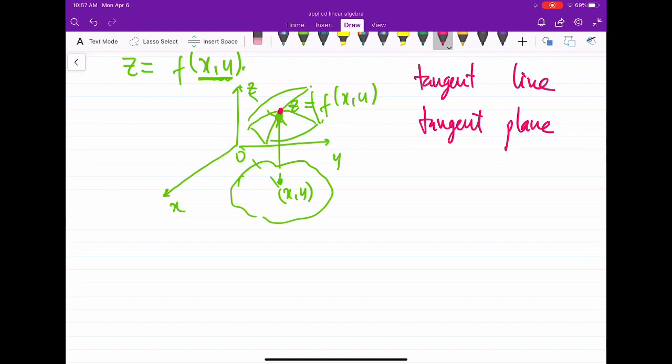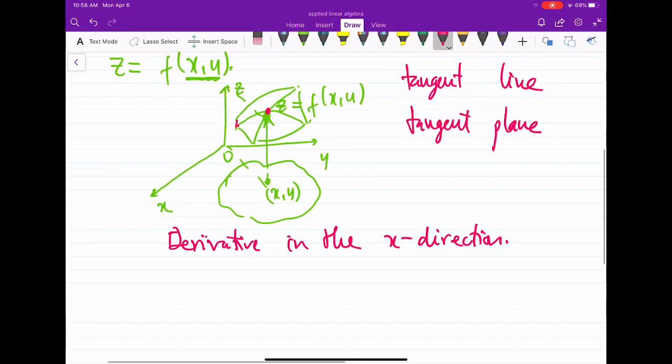Okay, so let's look at this. Suppose you have this surface, and you want to find the derivative in the x direction. What does it mean? That means you fix y, right?